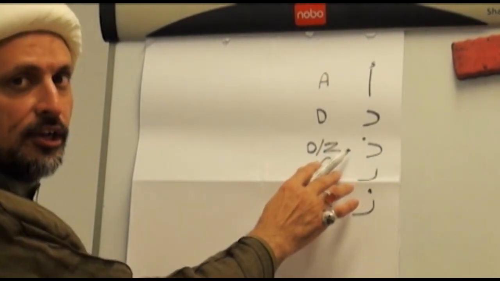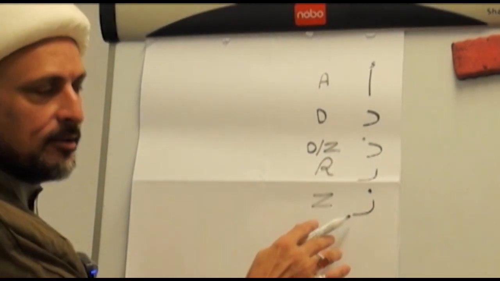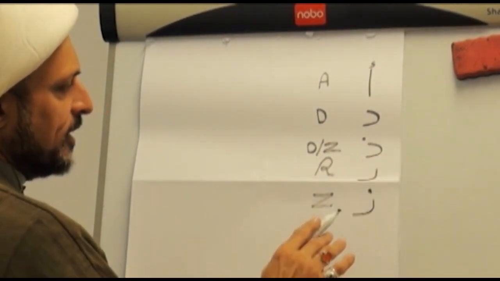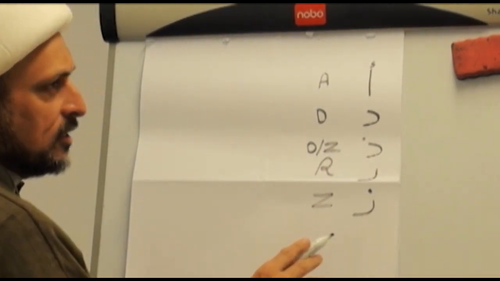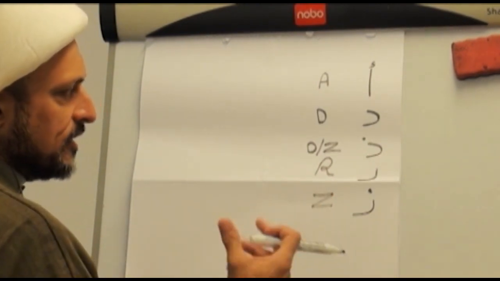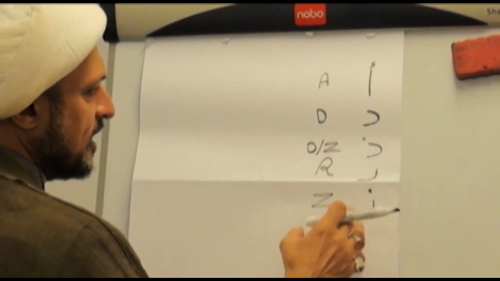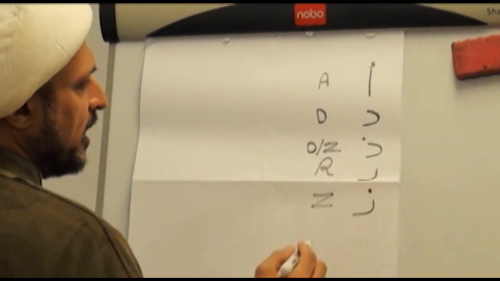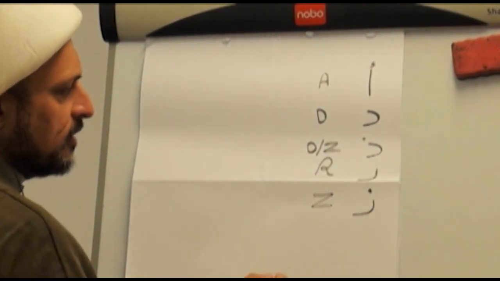See the difference? Dhal, za. So this is like dhahaba, went. And this is like zahra, flower. Fatima is Zahra. And this is like dhahaba, dhal.